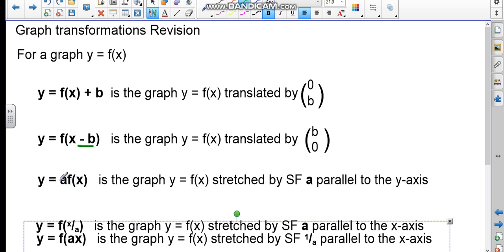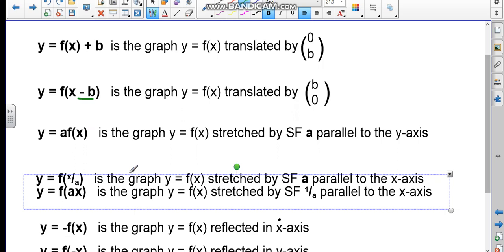If I have the function and I multiply the function by a, we get a stretch parallel to the y-axis of scale factor a. So again, I've worked out my y values and then I multiply them by a number. So the y values change their position by a scale factor of a. If I have a function and I'm dividing my input by a, then the graph is affected by a stretch of scale factor a parallel to the x-axis.